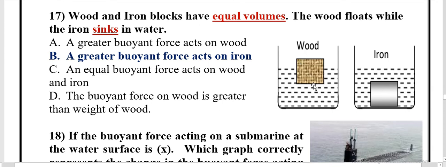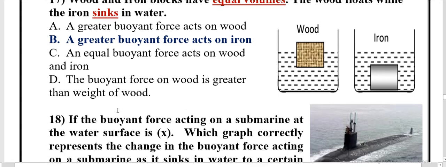As the wood floats, as its density is lesser than iron, its volume beneath the water surface will be smaller than the iron. So the buoyant force on wood will be lesser; sorry, it will be greater for iron and lesser for wood. So we choose this: a greater buoyant force acts on iron with its total volume under the water surface.